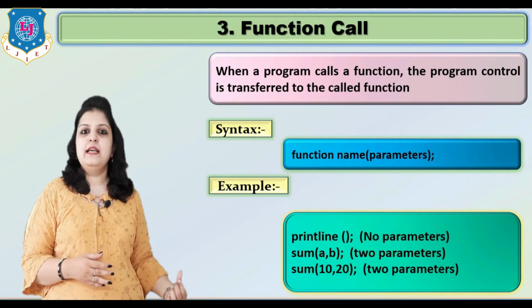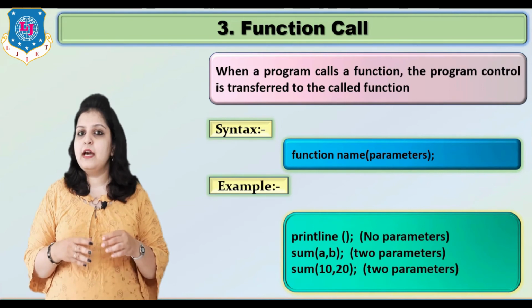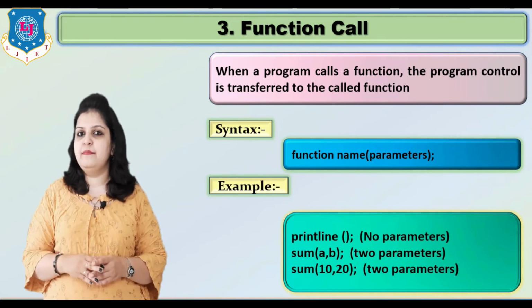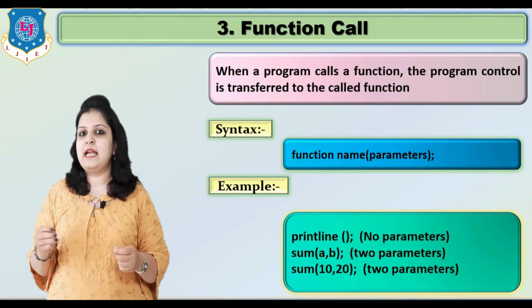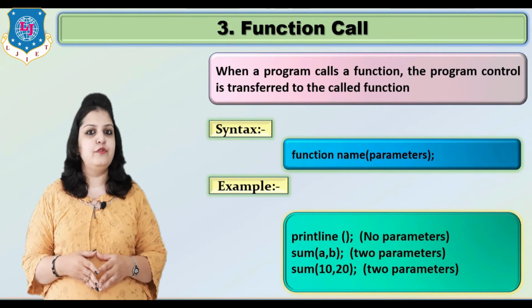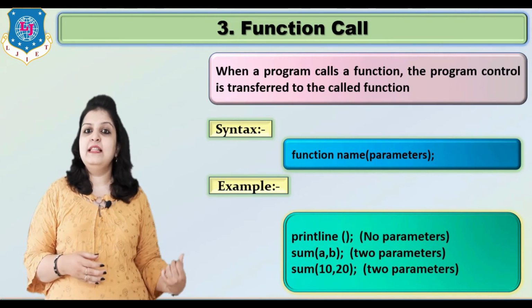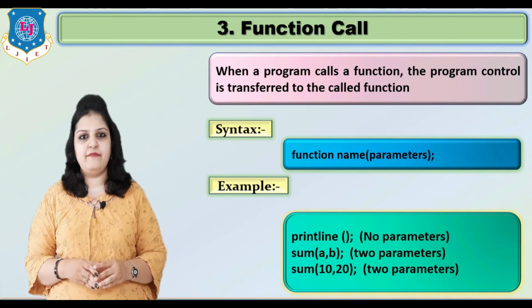The second example is sum a comma b, meaning here we are passing the values of two variables a and b. And the third example is sum 10 comma 20, meaning we can also pass constant values directly to our function. So when the function is called, our control directly goes to the function definition.